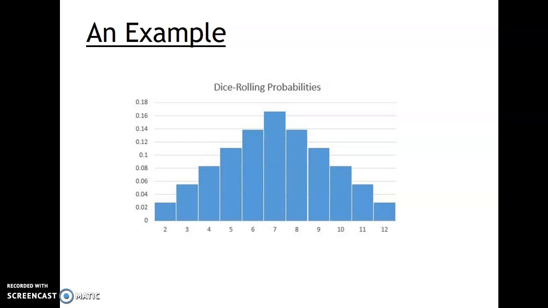This really isn't a curve, it's a histogram, but the distribution we're actually going to be interested in looking at for the remainder of the section does in fact follow that sort of bell-shaped format, as opposed to being more uniform, like if we only rolled one die and then all of the probabilities are the same, or having a probability where the peak is kind of off to the side, like right over here at 12, which doesn't make sense for our dice example, but you get the idea. So we refer to these bell-shaped data sets as being what we would call normally distributed.